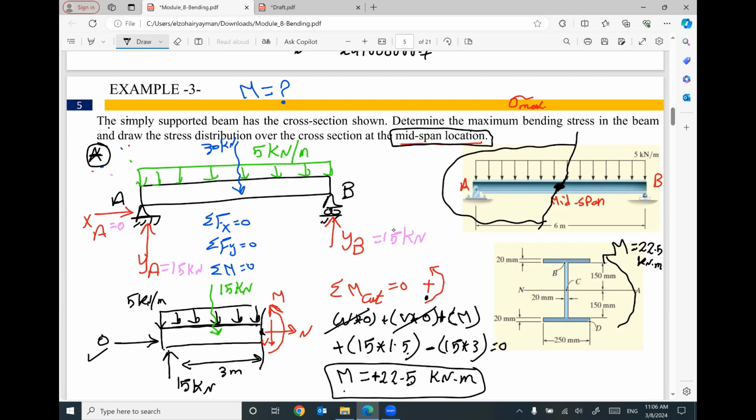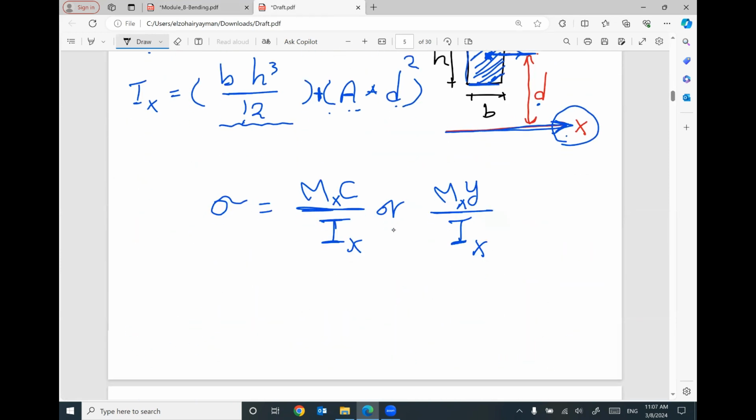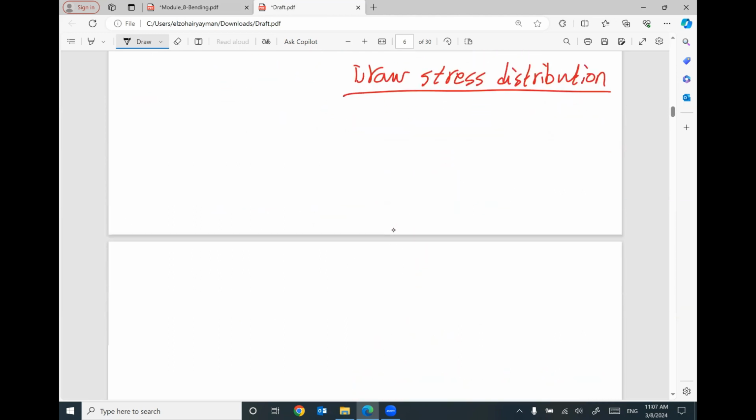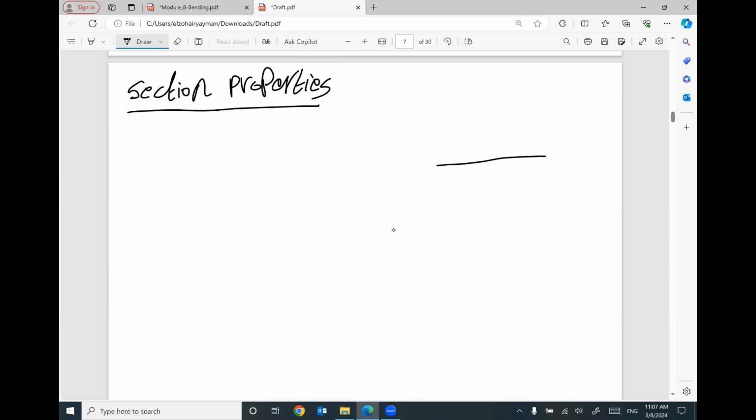The engineering mechanics part is done. The second part is the section properties. We have this I section.